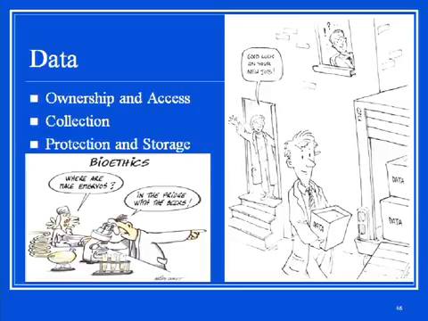But now there are regulations around anything that is not in the initial informed consent document. You have to go back, recontact individuals, and ask them for informed consent to do whatever the new thing is that you want to do. And these are just some cartoons that highlight some of the issues around data ownership, protection, and storage of biospecimens.